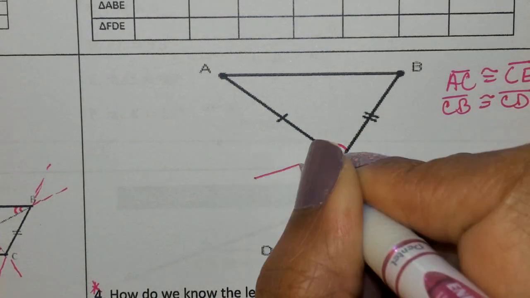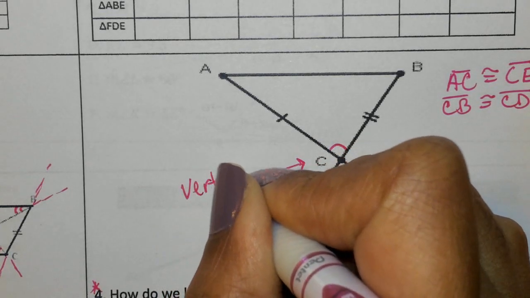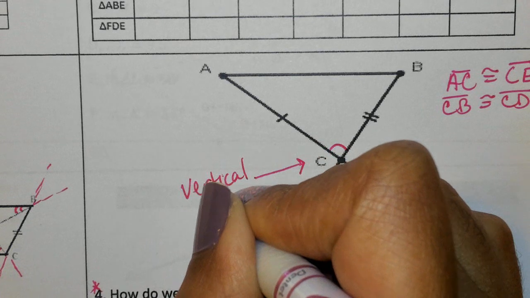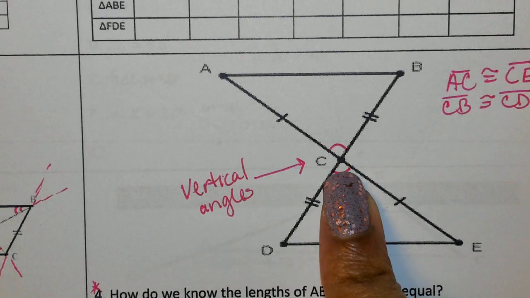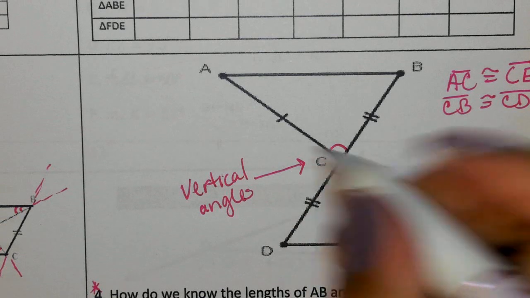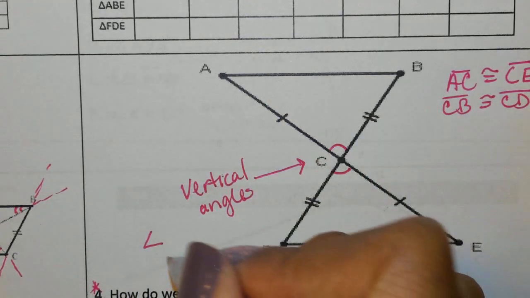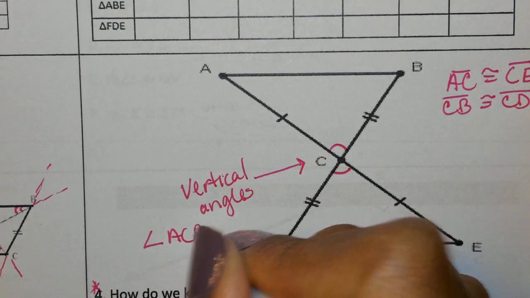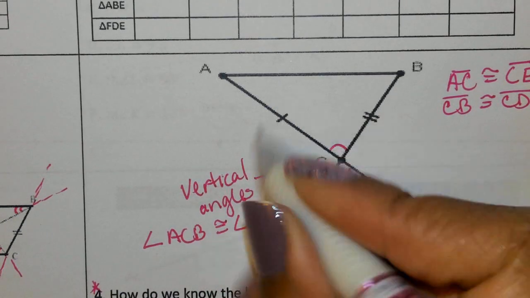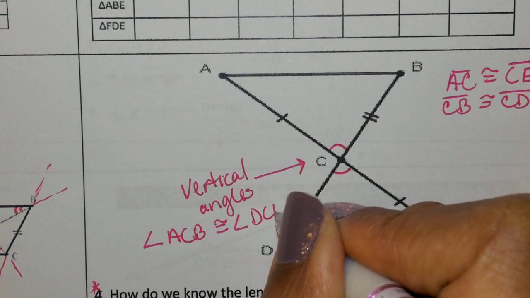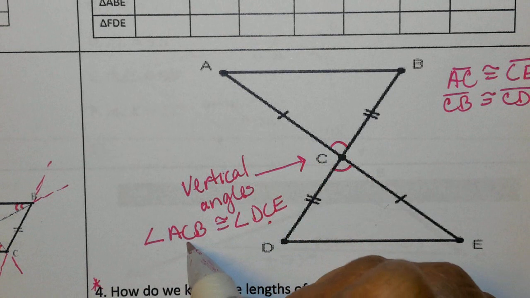We know that those are what we would call vertical angles. Okay. Because of these vertical angles, we know that angle ACB is going to be congruent to angle DCE. Okay, noticing always most important letter is in the middle.